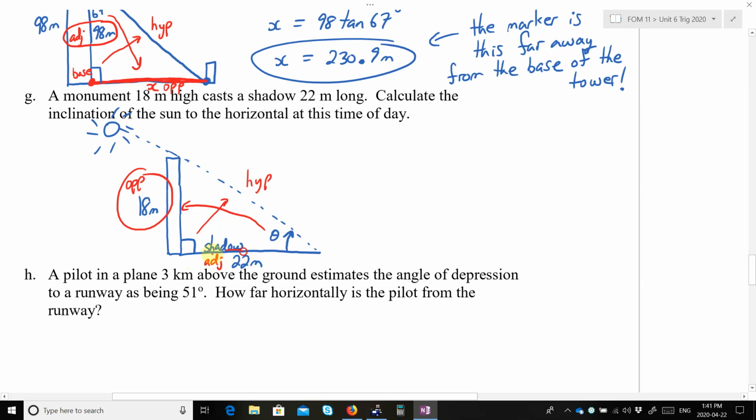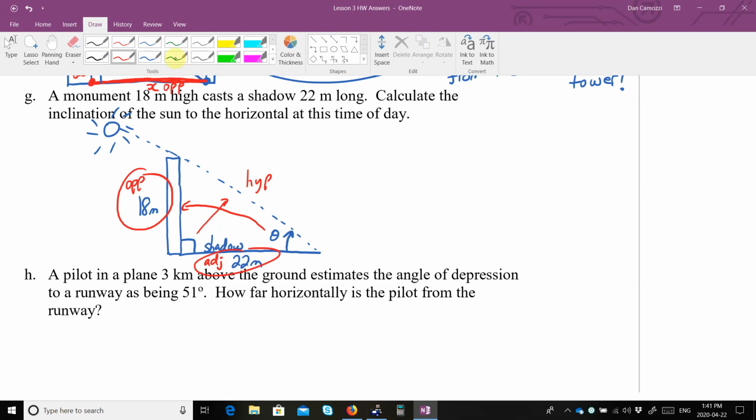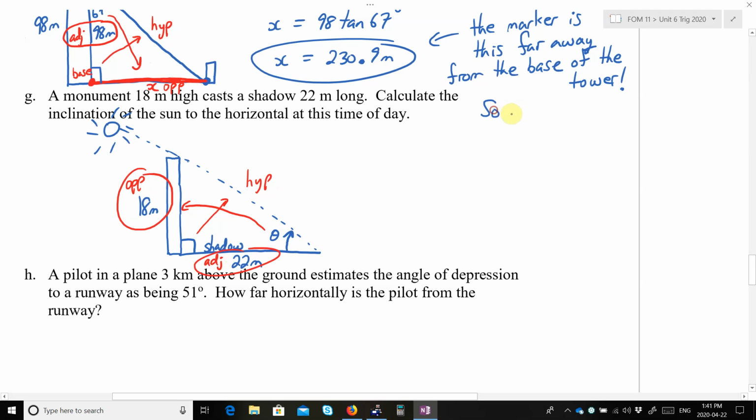So we have opposite and adjacent. And that deals with the tan ratio. Opposite, adjacent comes from tan. So we would go tan theta is equal to opposite 18 divided by adjacent 22. And remember, to figure out an angle, we have to do tan inverse of the ratio.